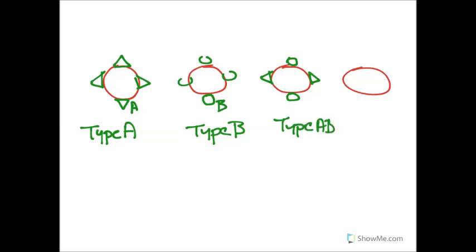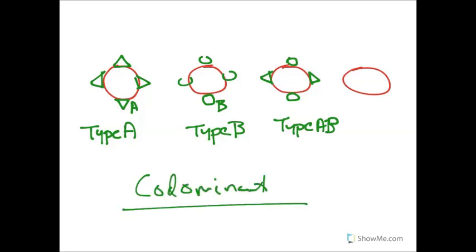Now this happens due to the fact that our blood type alleles are referred to as being co-dominant. And we're going to talk about that more in depth, but keep that idea of co-dominant under your hats, and we'll talk about that.